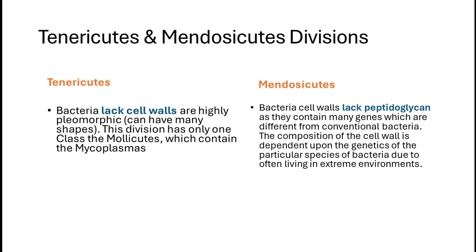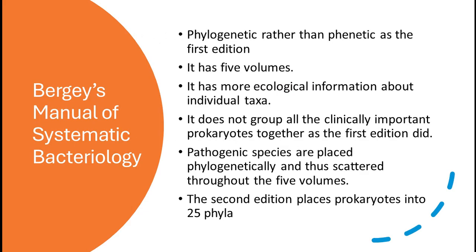So those are the four main divisions when we look at something from a phenotypic aspect. Bergey's manual has, as I said, moved to more of a systematic bacteriology, and in this we're using the phylogenetic traits rather than the phenotypic traits as we did starting with the first edition on up through the 8th.